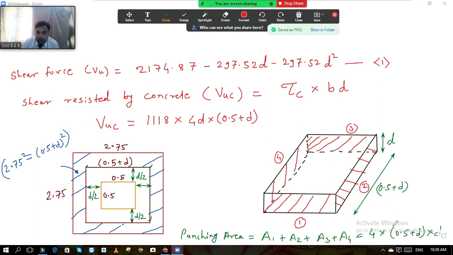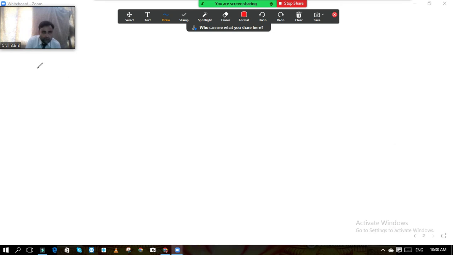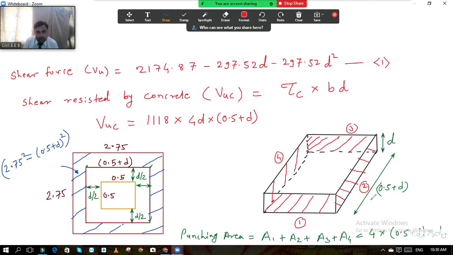Now if you solve this equation further, what you will get? Vuc is equal to 2236 d plus 4472 d square. This is your equation number 2. If you solve this further, solve it and check it.